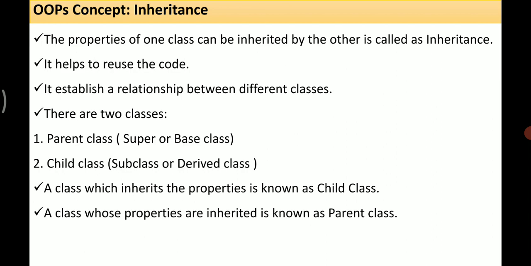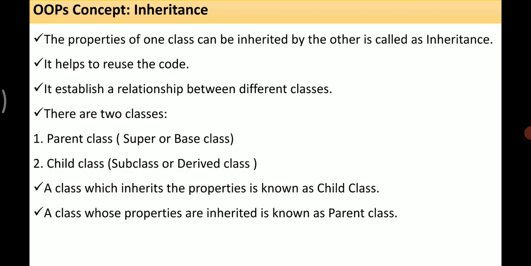The second kind of inheritance is multi-level inheritance. When a class is derived from a class, and then that class is again derived from another class, a class has more than one parent class at different levels.